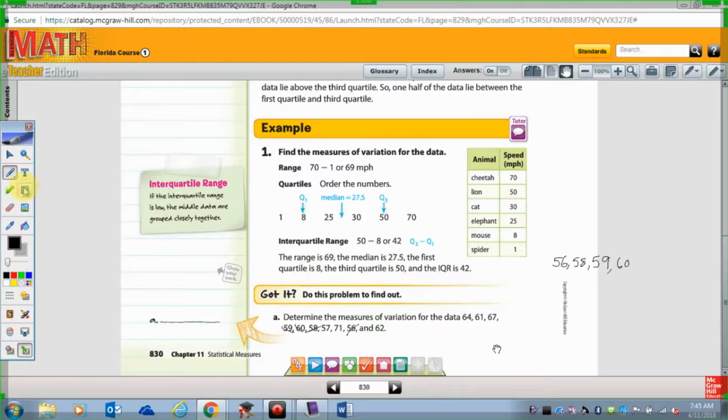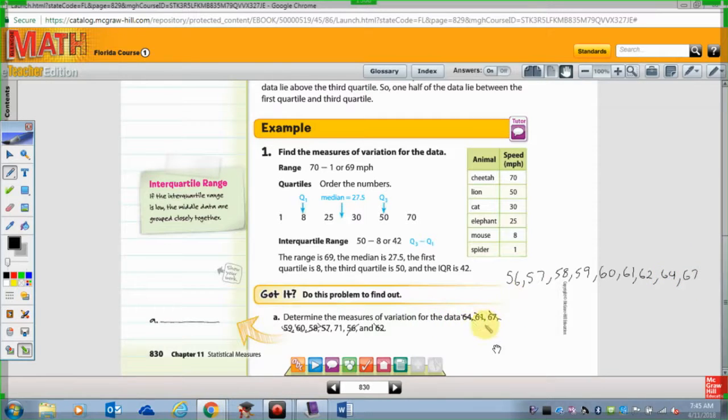So rewrite it: 56, 57, 58, 59, 60, 61, 62, and then 64 and 67.